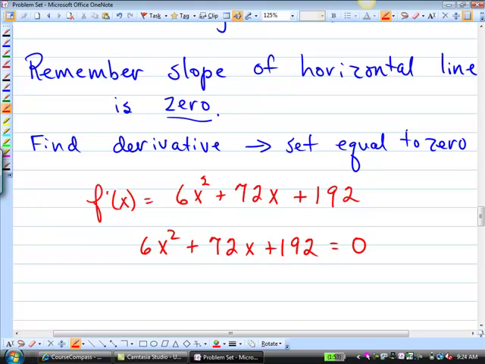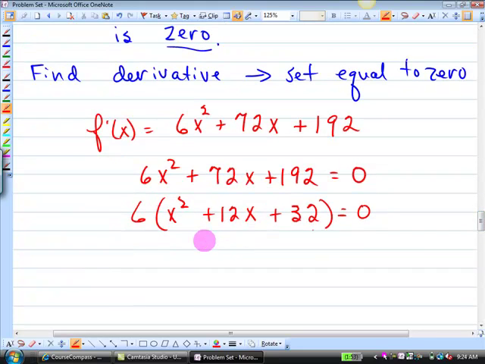If I were going to factor that, I would definitely want to factor out 6 before I started factoring it. So if you take 6 out, the 6 is going to disappear, and we're just going to factor this. So how does that factor?